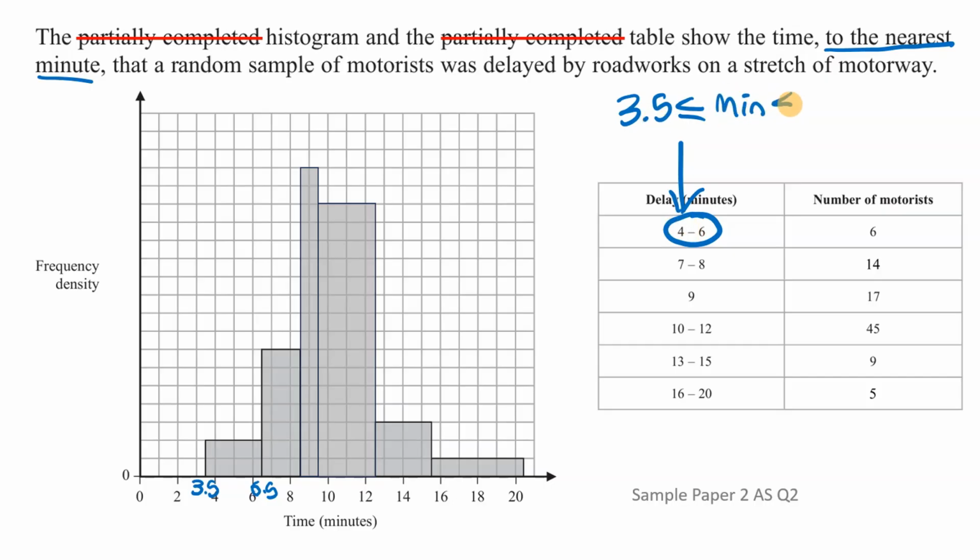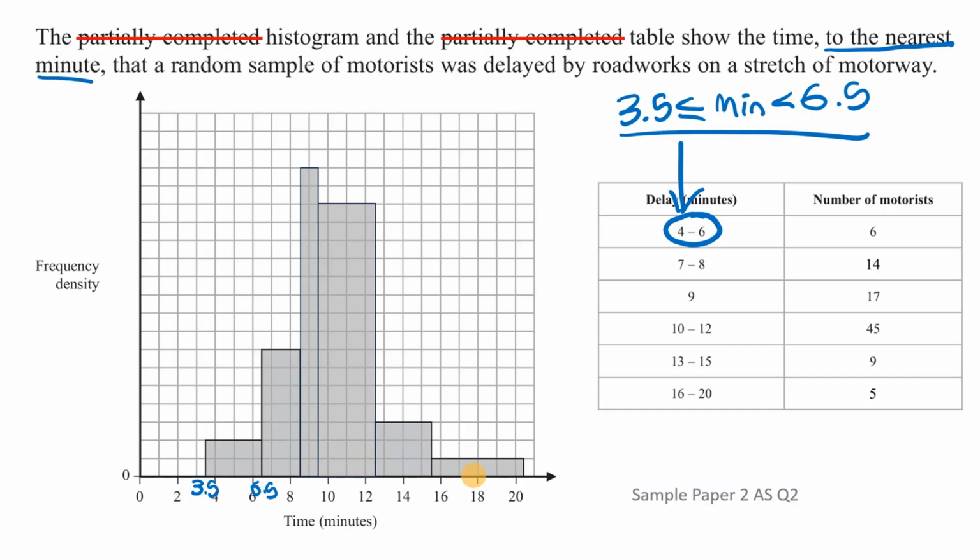And then the upper limit is going to be 6.5. Now 6.5 isn't actually going to be included because 6.5 will be rounded to 7, so it'll be in this interval instead, but anything below it will be rounded in this interval here between 4 and 6, and this is why we get this width here, because the actual interval is between 3.5 and 6.5, and you get this for all of the bars in the histogram.